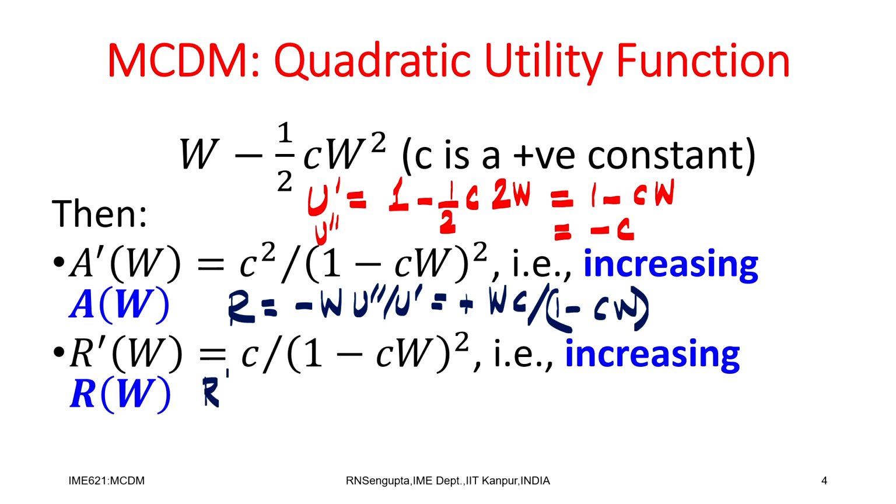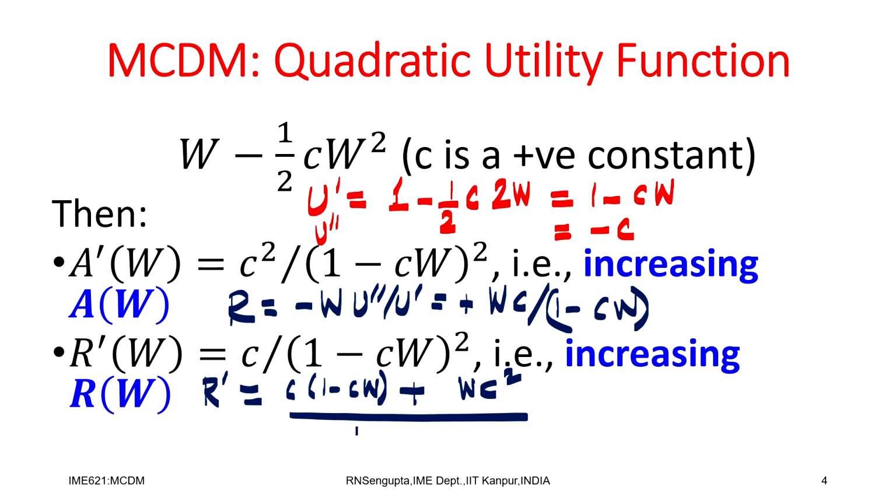Differentiation is of two functions, so it will be the second function into the differentiation of the first, minus the first function into the differentiation of the second, which will be plus c square, divided by the square of the second.